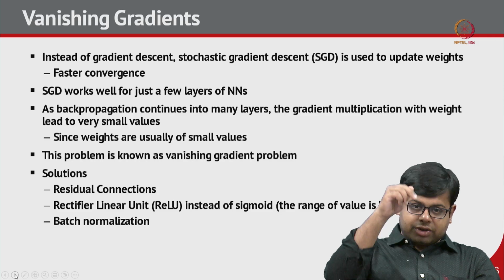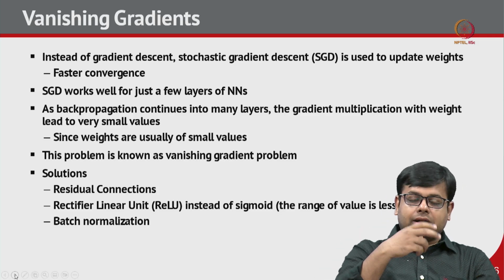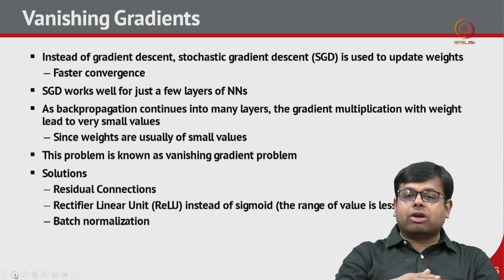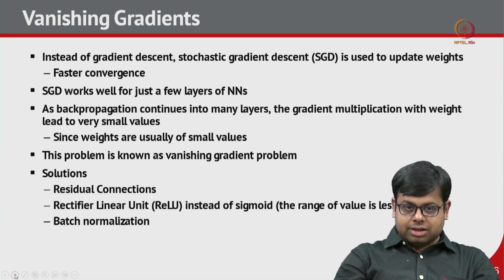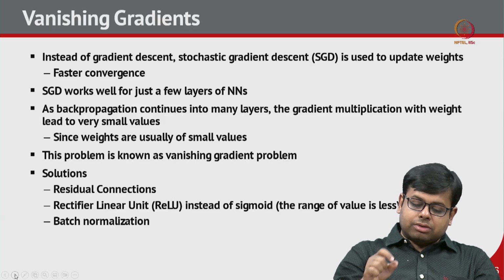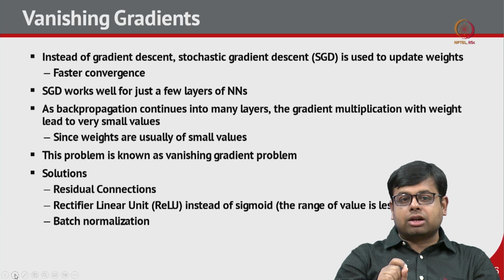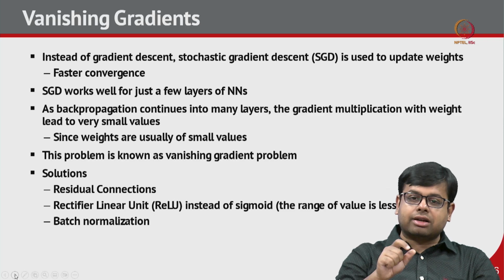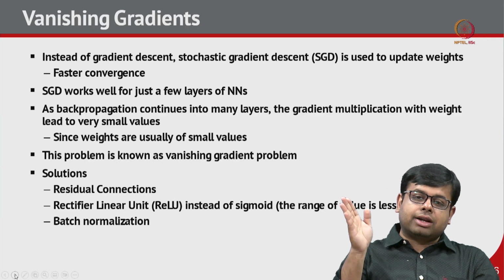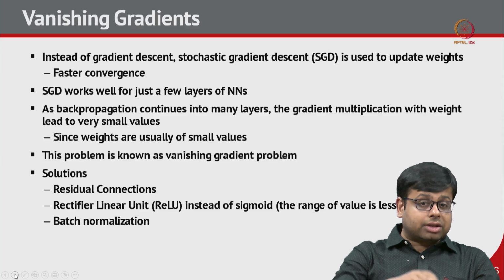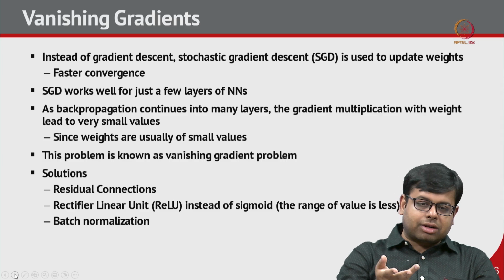Whenever we reach the very first layer, the amount of change of the weight will depend on all the other layers, correct. The gradient of the weights of the very first layer might be computed by multiplying all 10 numbers which are less than 1, right.